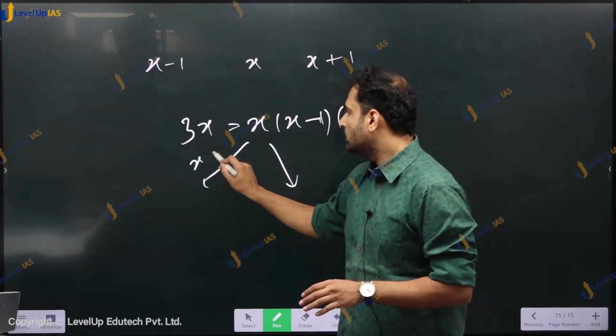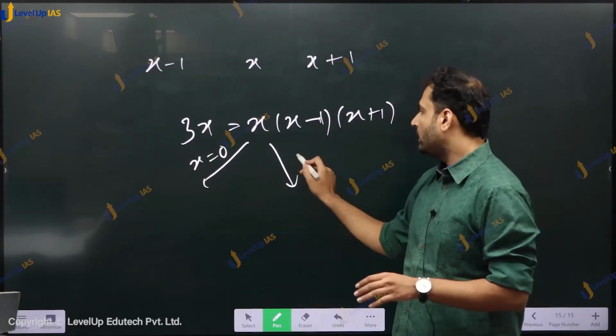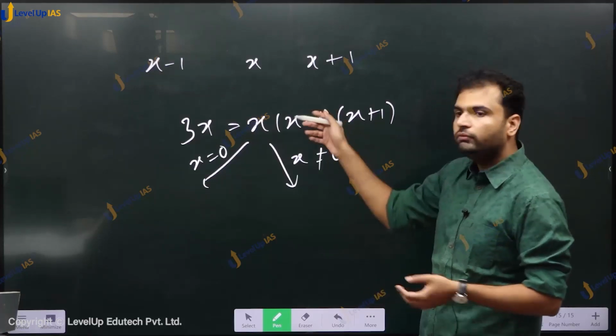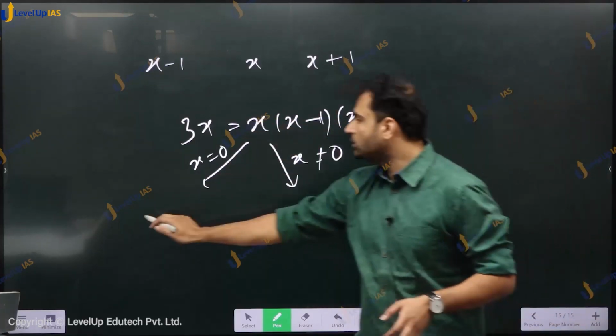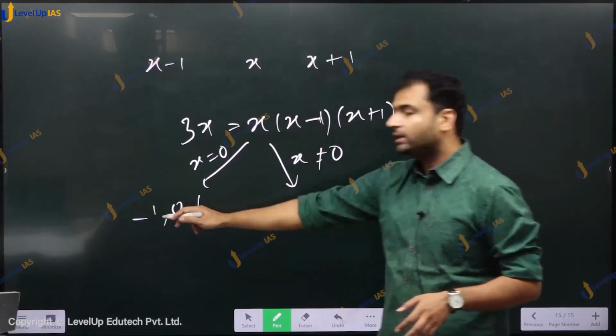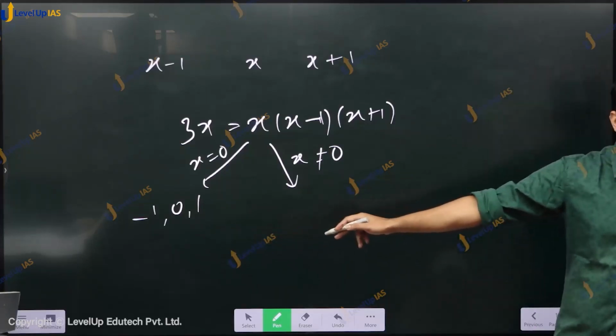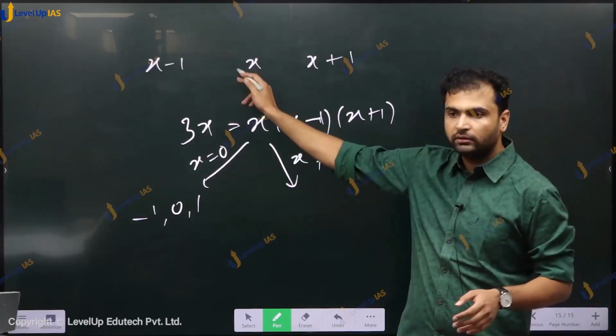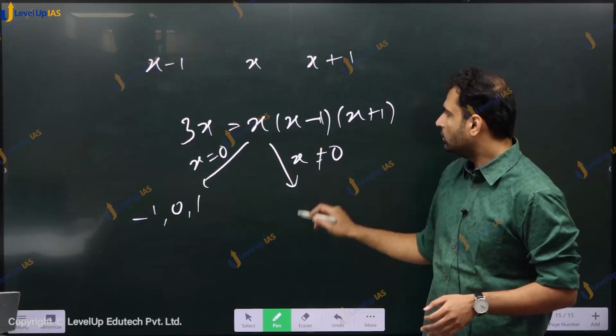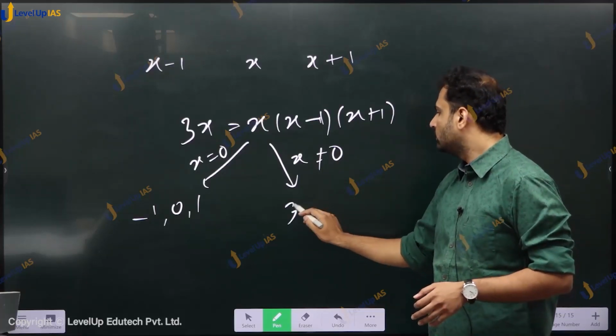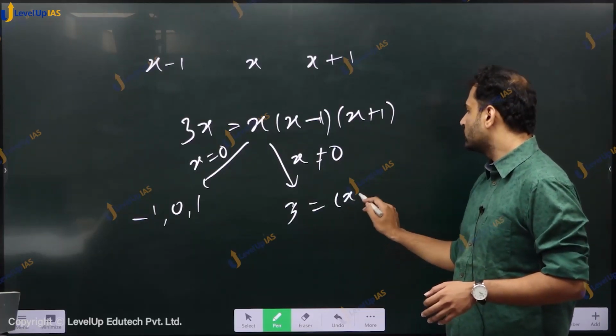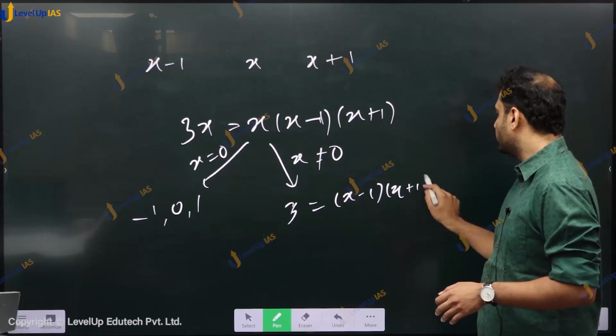We take x equal to 0 case separately, and in x non-zero case, we will divide. For x equal to 0 case, we got minus 1, 0, 1 as one possible triplet. For x not equal to 0, we got 3 is equal to x minus 1, x plus 1.